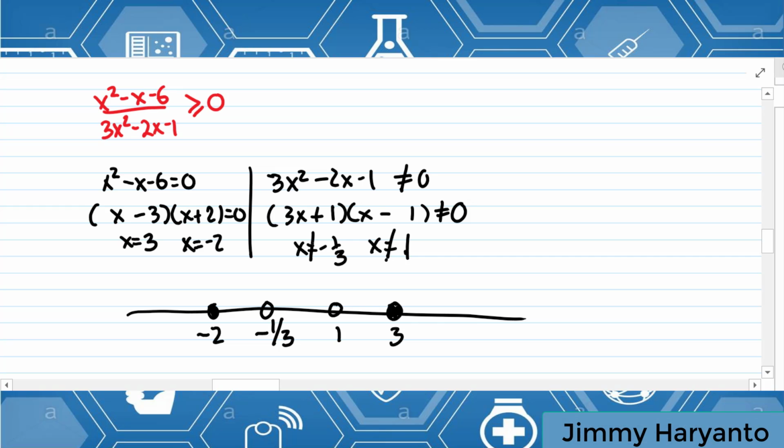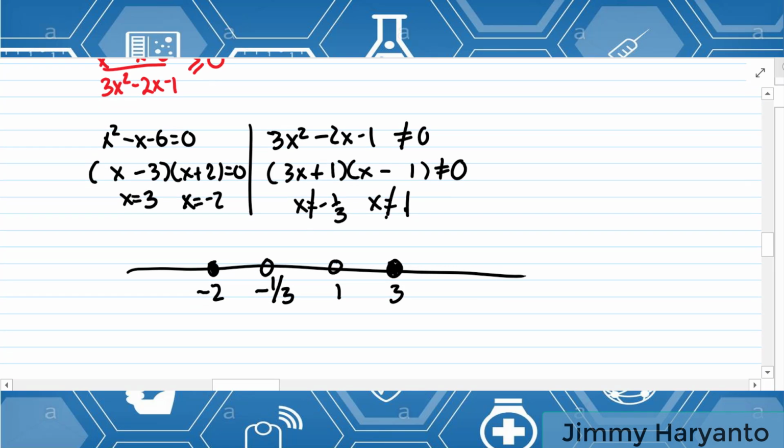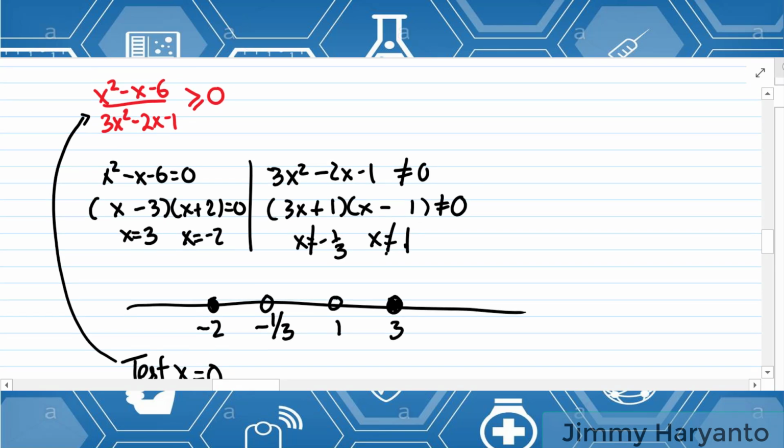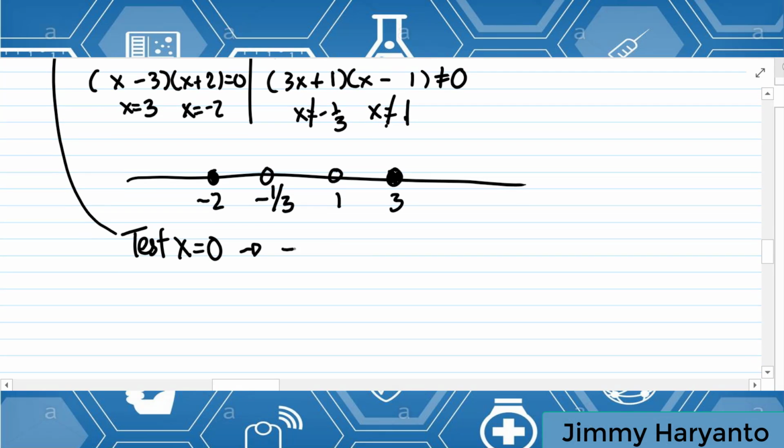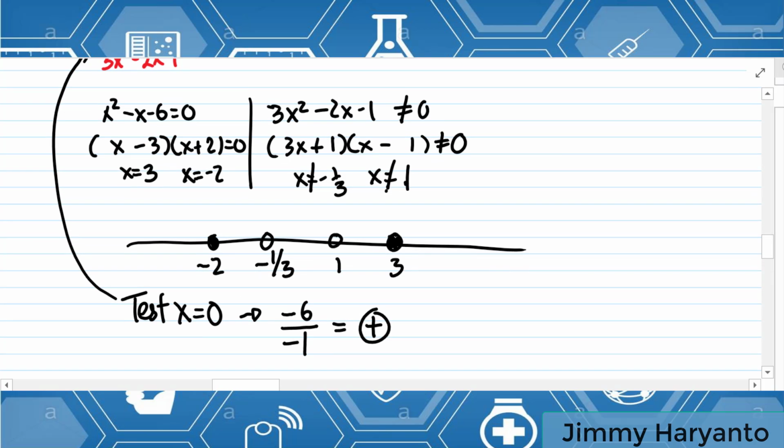For 1 also you cannot color it. And then you have to test for x equals 0. Put it into the inequality. So it will be negative 6 over negative 1. That means it's positive. So 0 is between negative 1 over 3 and 1 right here.